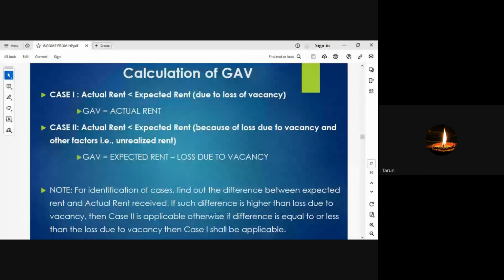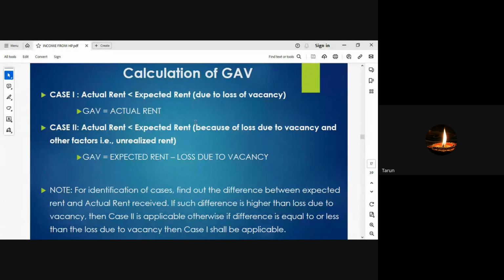Right? So it is very important to note down. You have to compare to calculate the gross annual value in such cases, whether given in a theoretical or practical question. If the actual rent is less than the expected rent due to the loss of vacancy, the gross annual value is the actual rent only.